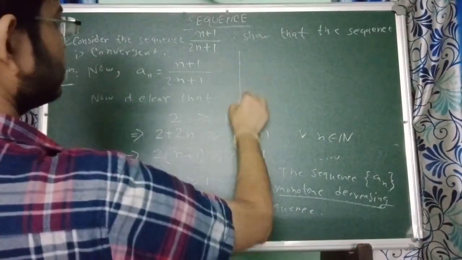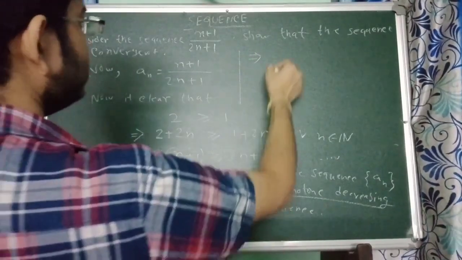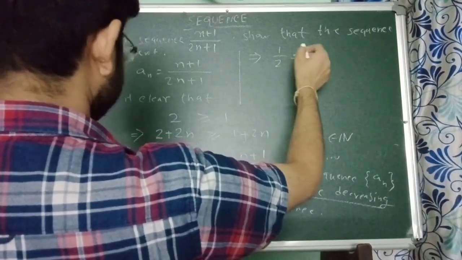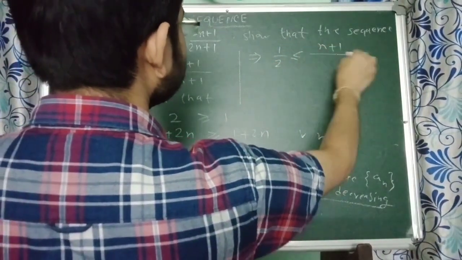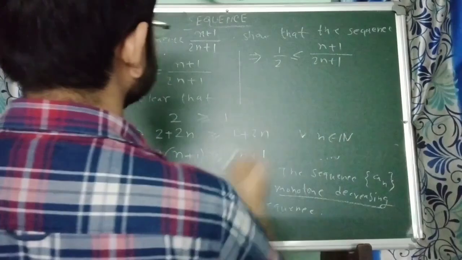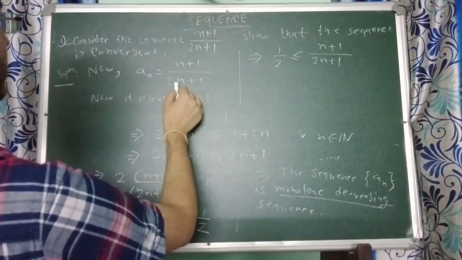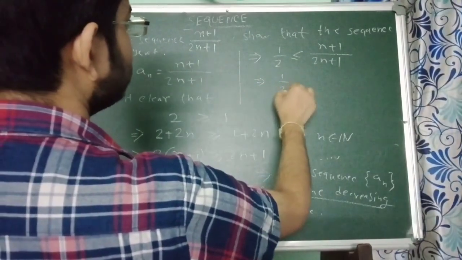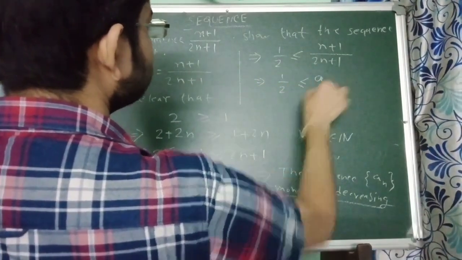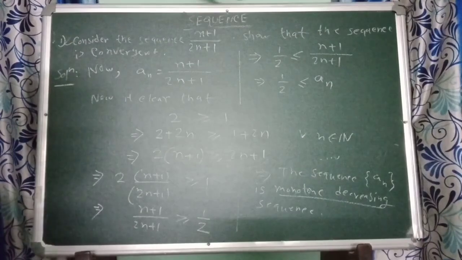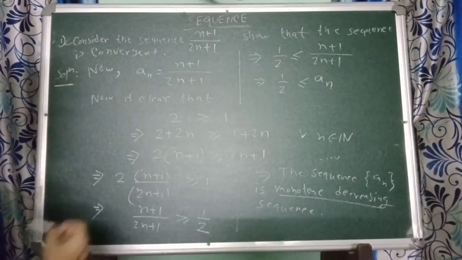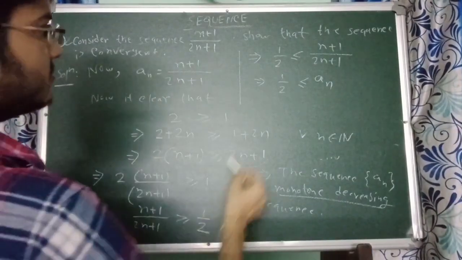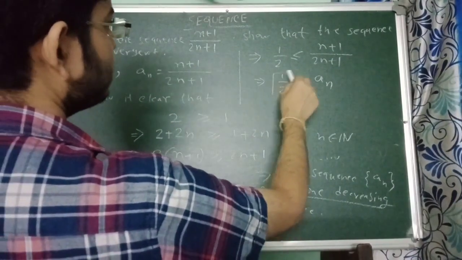So this also can be written as half is less than or equal to (n+1)/(2n+1). Now (n+1)/(2n+1) is a_n. So half is less than or equal to a_n. This shows that the sequence has a lower bound.